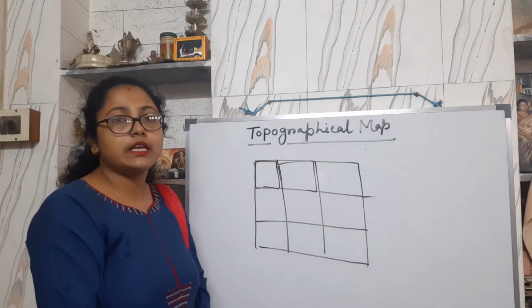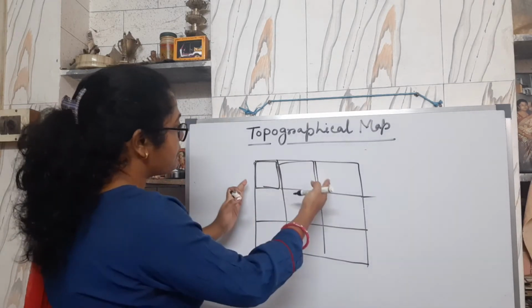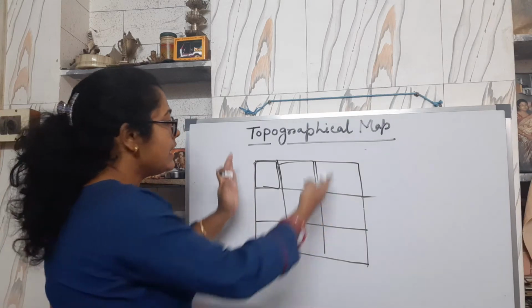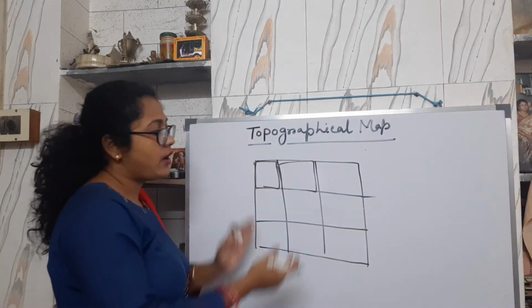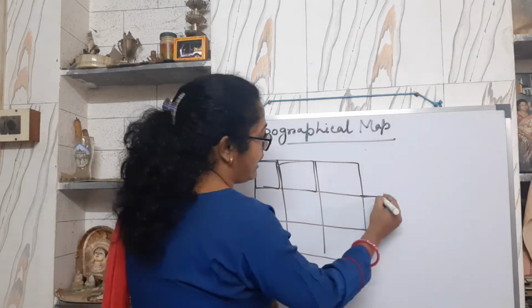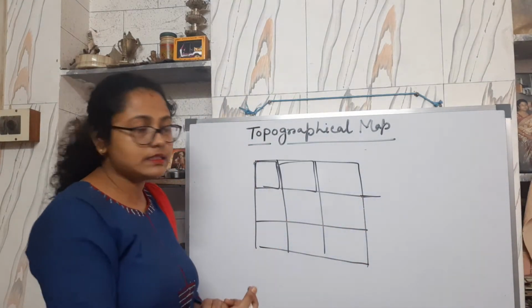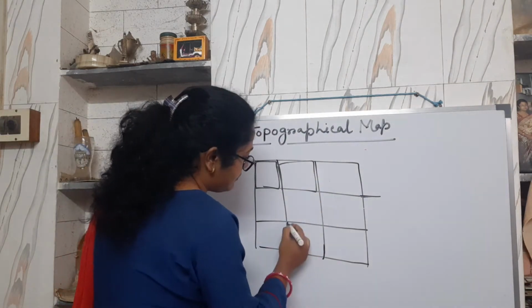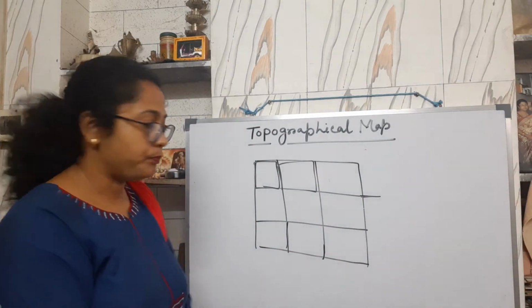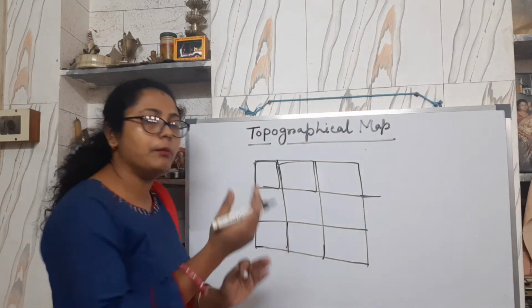This is called the grid reference system. So the grid reference system comprises different grid lines. The lines which are horizontal are the horizontal grid lines, and another set is the vertical lines. Now these grids are numbered.